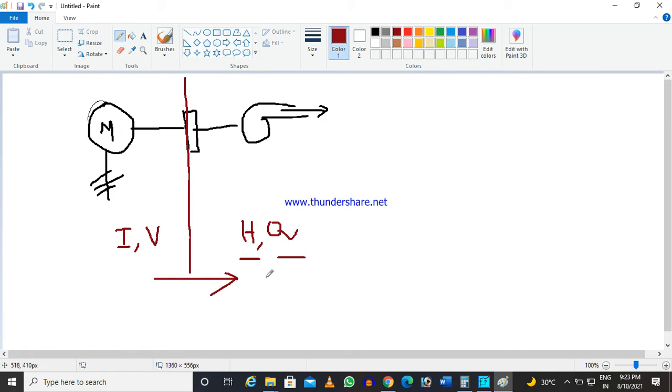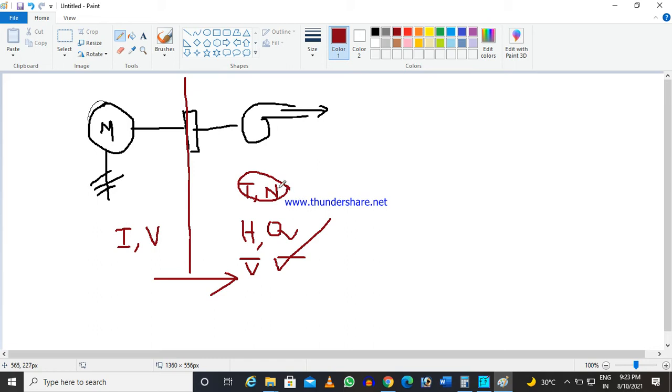So in the mechanical domain it is basically producing torque and RPM. The head is proportional to the square of the RPM and the discharge is directly proportional to the RPM.